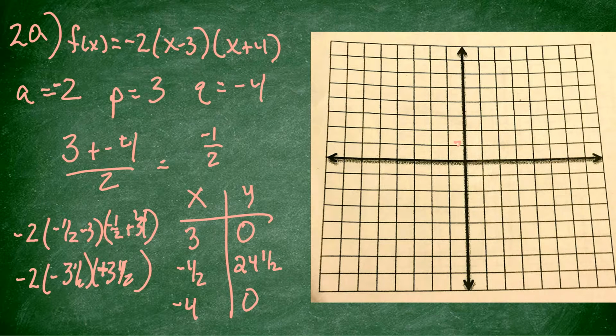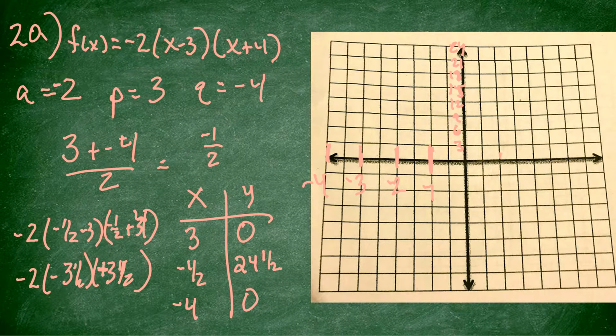I'm going to just make these go by 3, so 3, 6, 9, 12, 15, 18, 21, 24. So I'm going to have 3, 0. I'm going to make these go by, every 2 is 1, so that's 1, that's 2, that's 3, negative, negative, negative, and that's a negative 4.